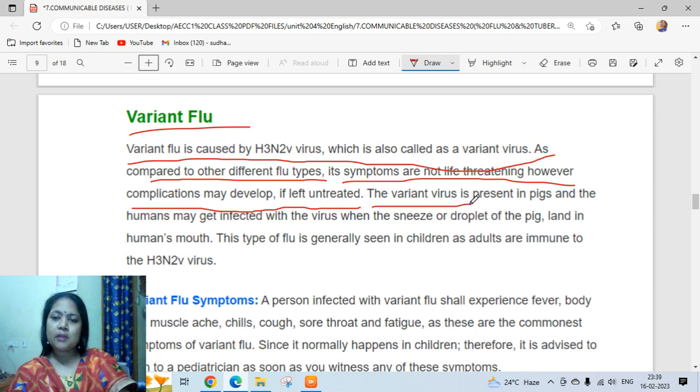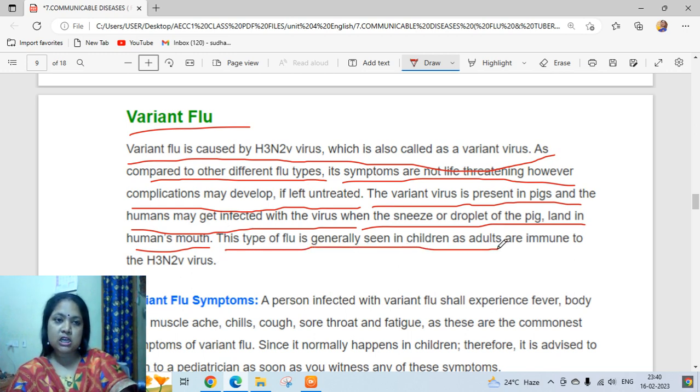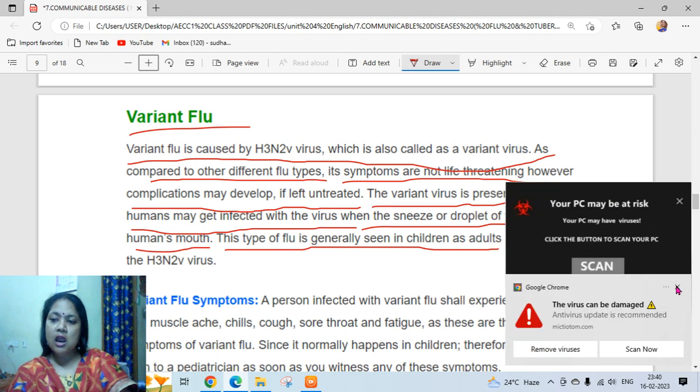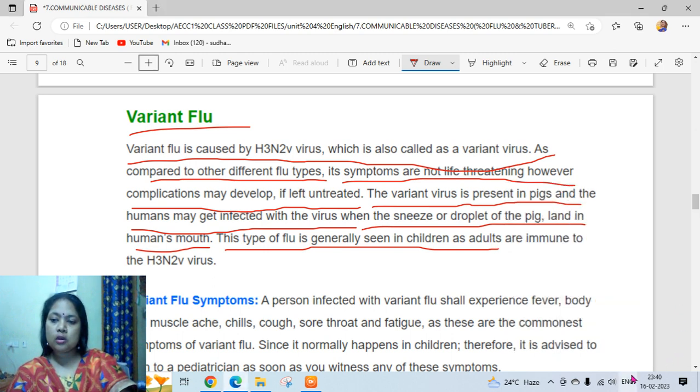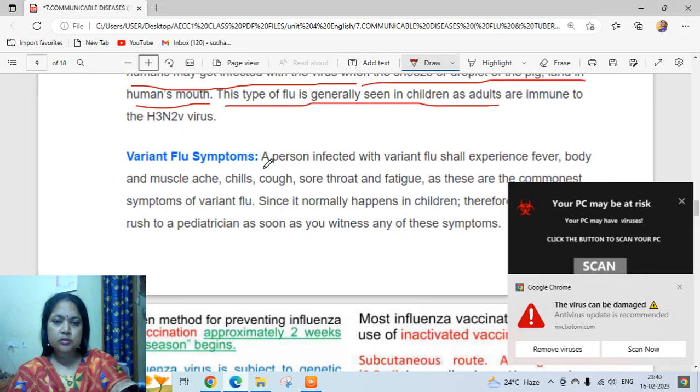The variant virus is present in pigs, and humans may get infected with the virus when the sneeze or droplet of the pig lands in a human's mouth. So generally variant flu comes from pigs. This type of flu is generally seen in children, as adults are immune to the H3N2 virus. Okay. So what are the symptoms?